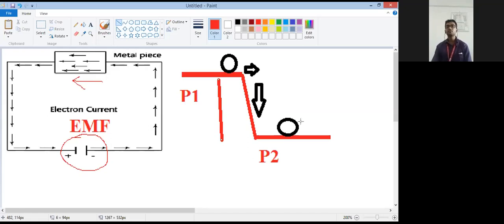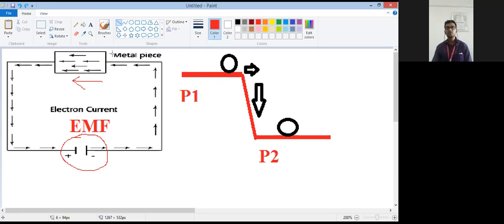So the potential energy is converted into kinetic energy. We know the law that energy is neither created nor destroyed, it is converted from one form to another. This similar concept is applicable in the flow of electrons also.